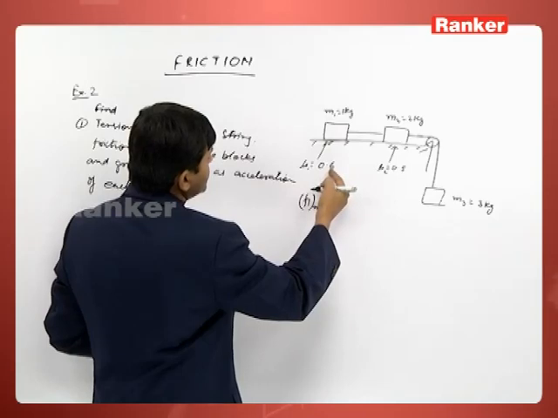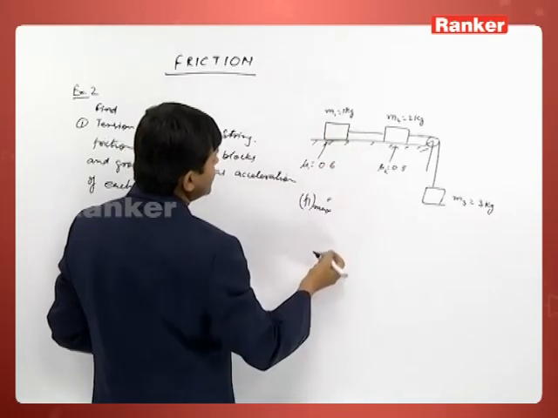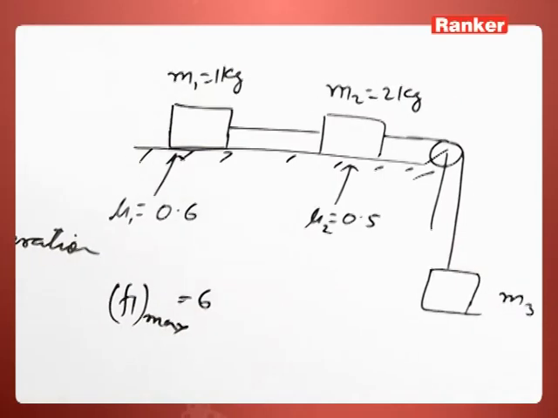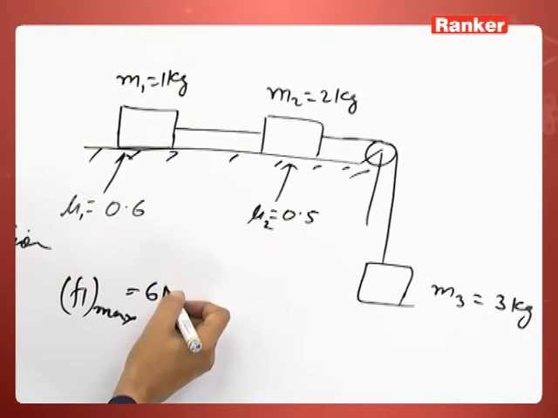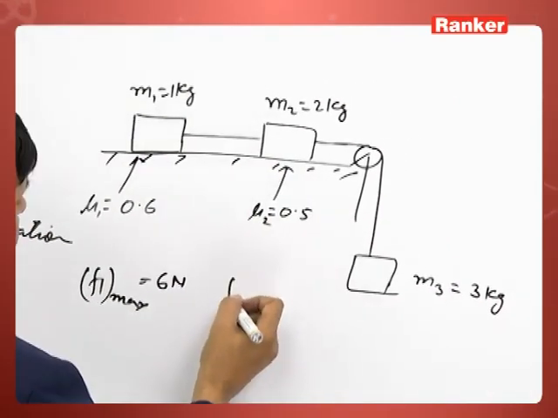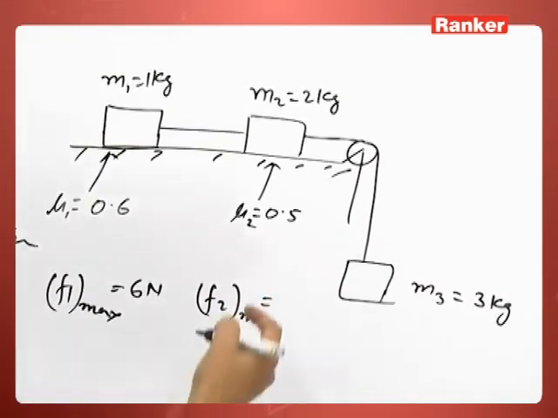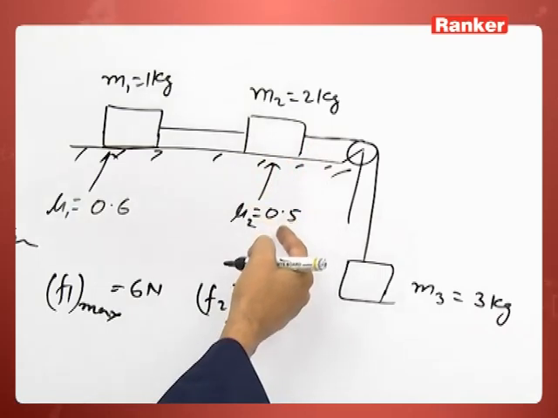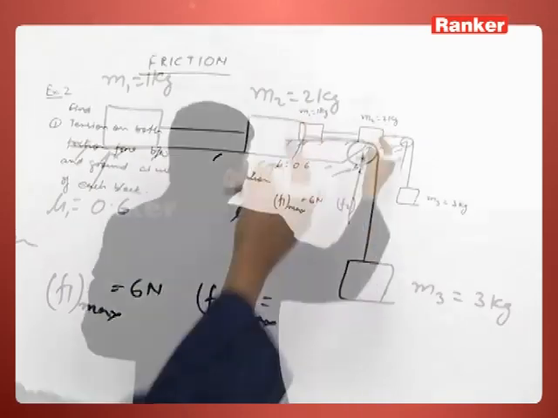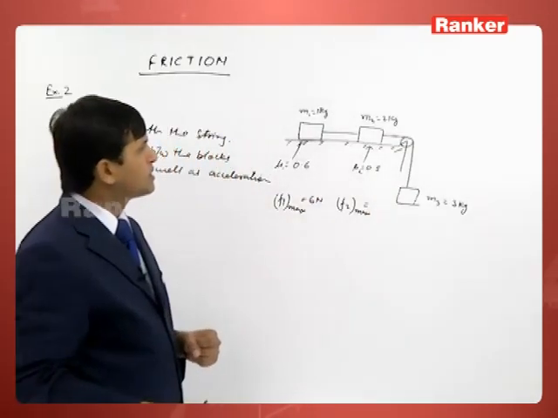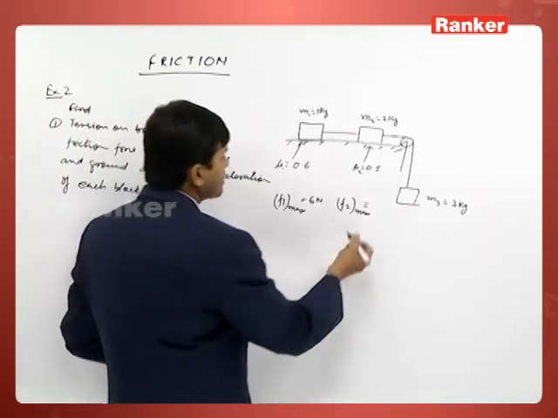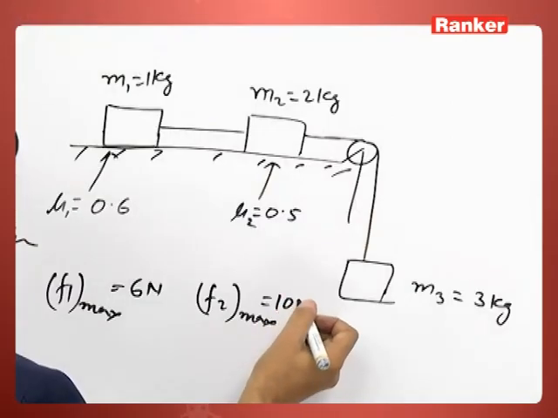Mu1 is 0.6, mg is 10, so this is 6 Newton. And for block 2, maximum friction is mu2, 0.5, and normal force is 20, so this is 10 Newton.